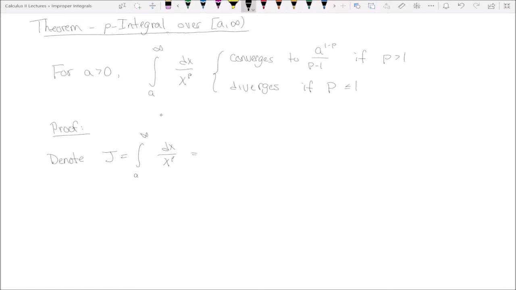Then this is going to equal the limit as b approaches infinity of the integral from a to b of dx over x to the p.